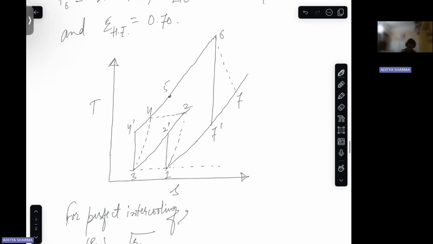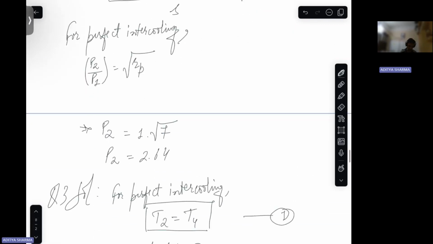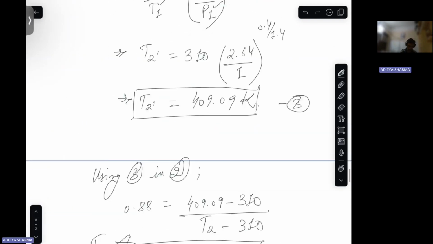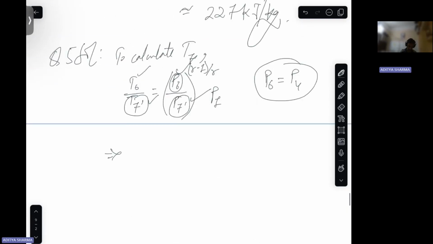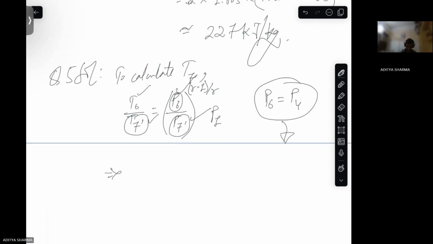Is that clear? P6 is equal to P4, right? And P4 by P3 is equal to root of RP, right?